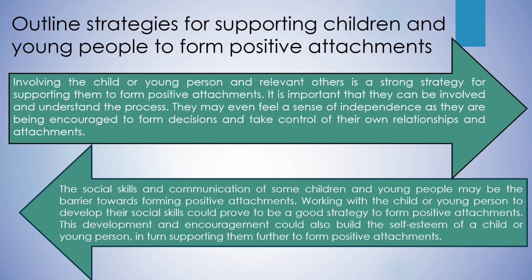So using those sorts of strategies will help you be able to build that communication up. By building the communication up, it's going to evidently be able to build up that level of relationship and the attachment to be able to be formed. There are a number of strategies that you might use.